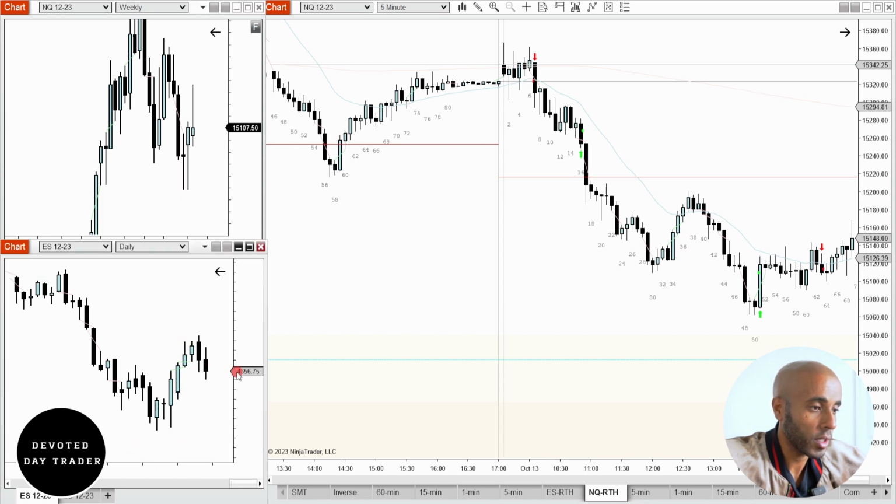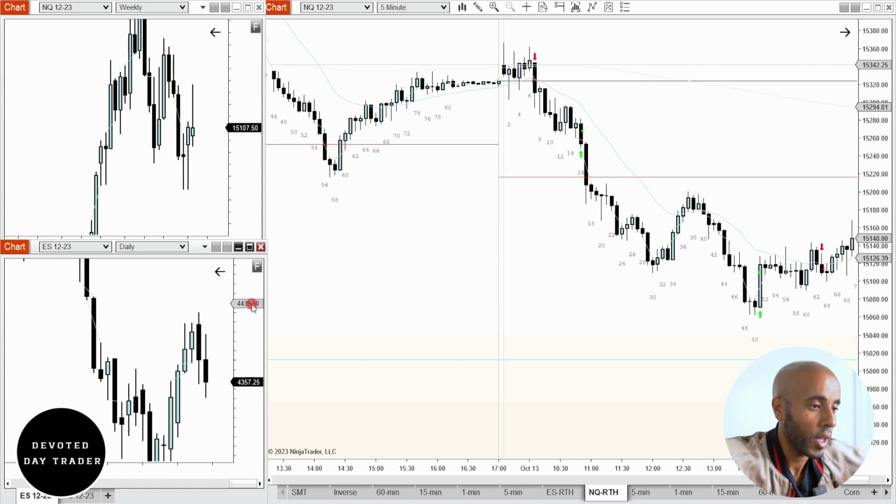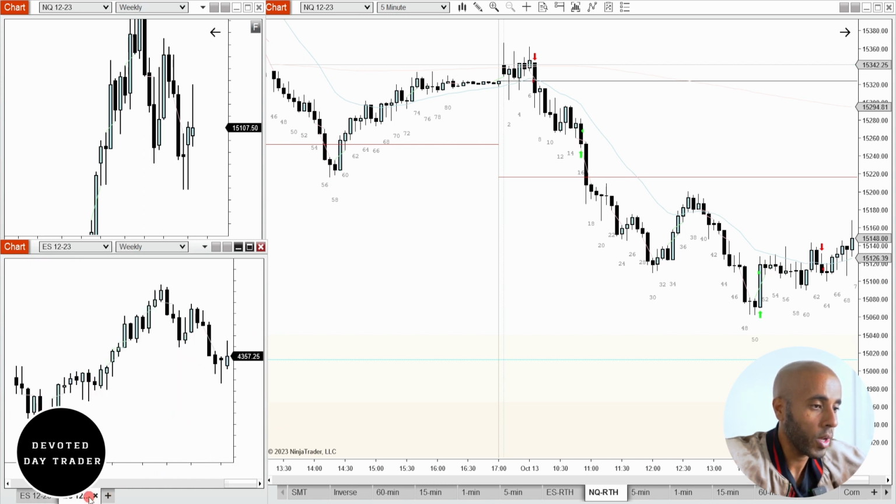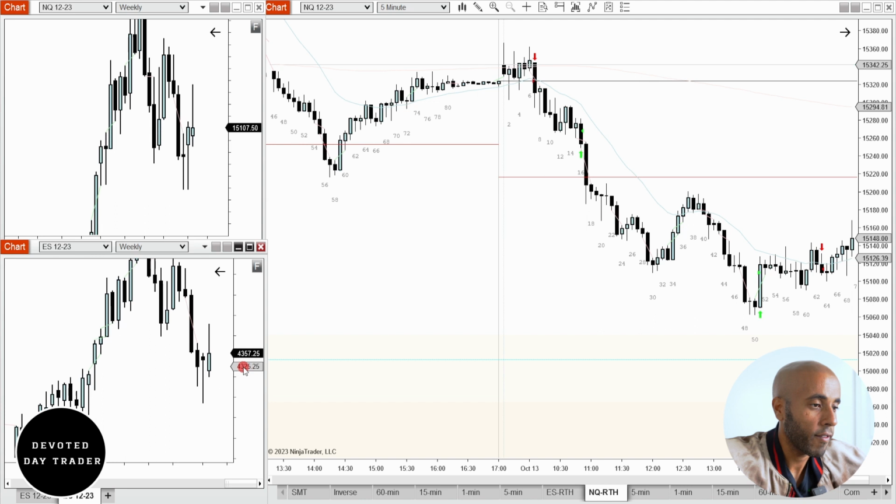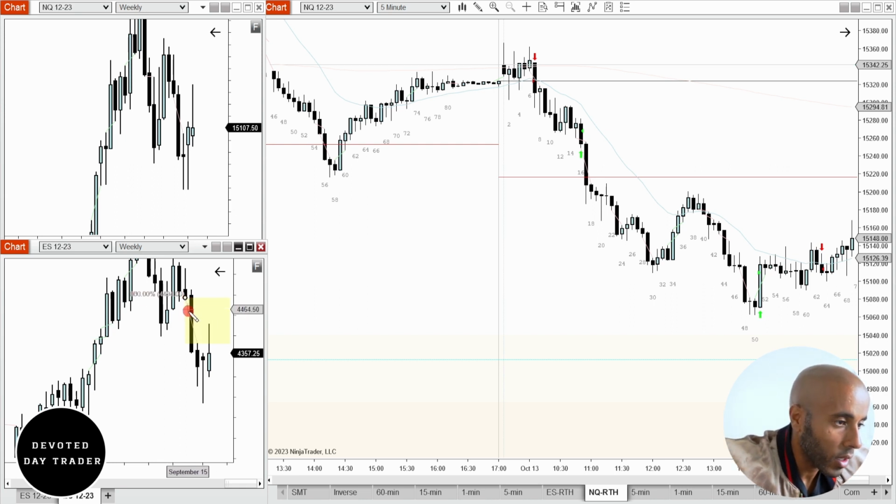ES tested 50% of this candle on the daily chart, and on the weekly it tested this fair value gap, this FVG. If we put that is a gap, and it tested about 50% of it. I think it missed it by, let's see actually, let's see how precise it is.